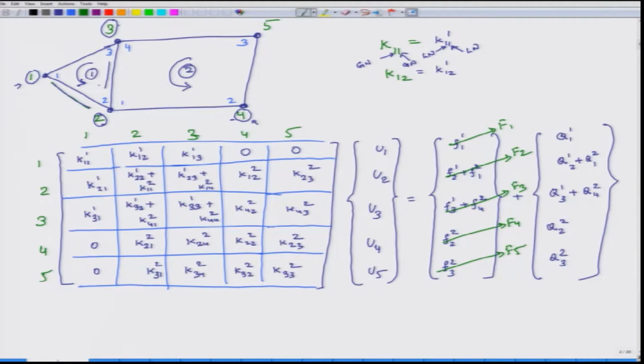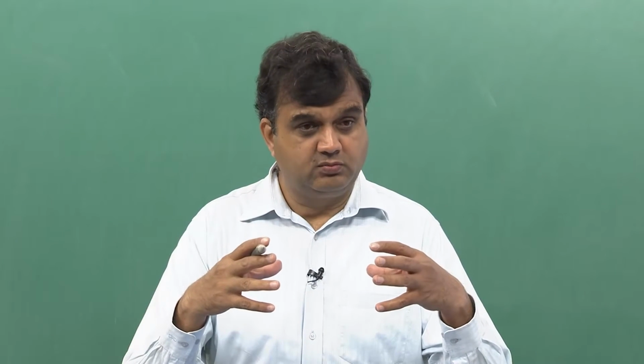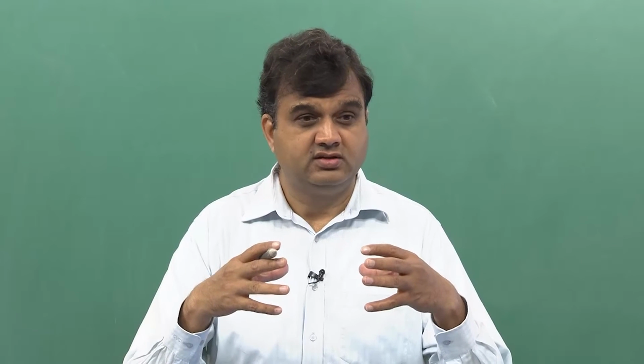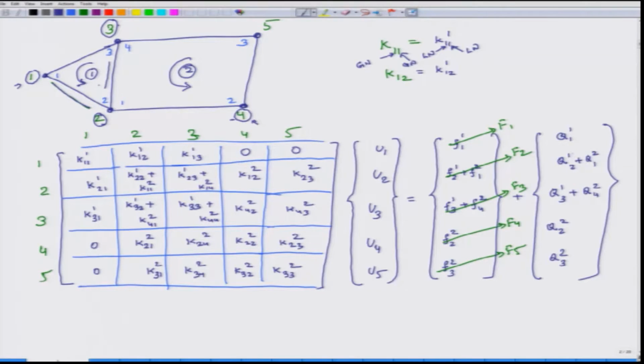And in the last couple of classes, we had said that the Q's, when they are added up, because these are boundary terms, and when we add up boundary terms from adjacent elements across a common boundary, their sum becomes 0.